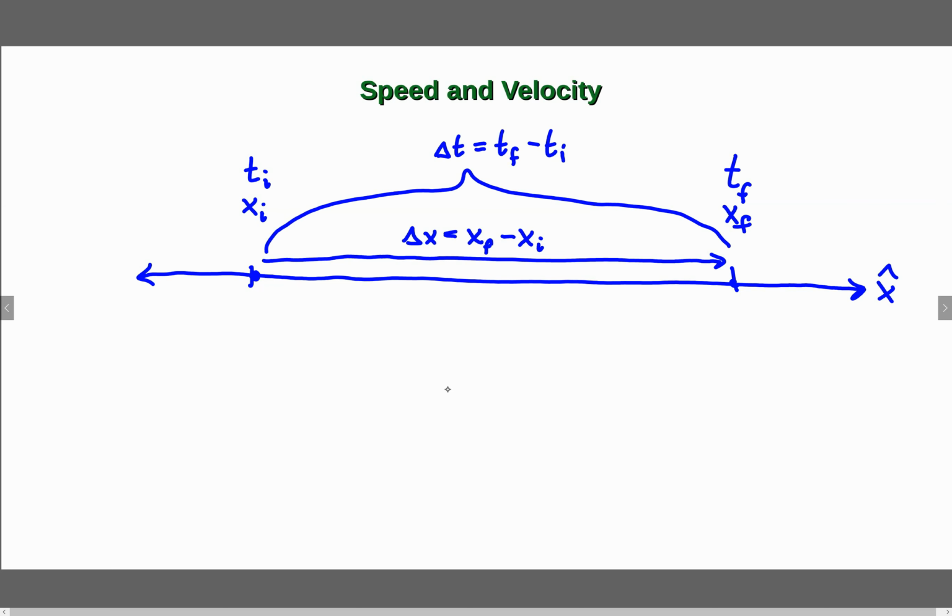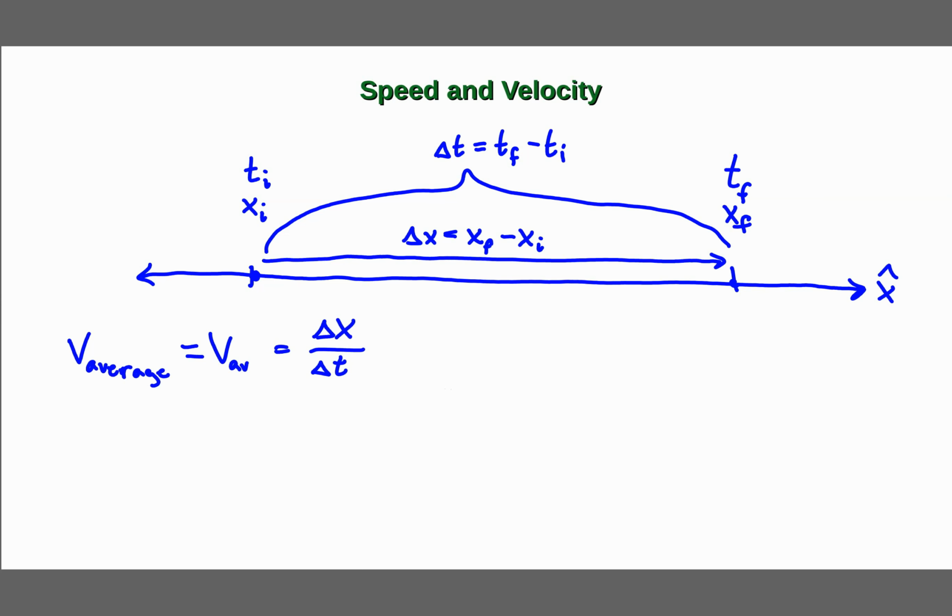We can calculate the average velocity, v average, or VAV, using these quantities. It's delta x divided by delta t, the distance that we covered divided by the time that it took us to cover that distance.